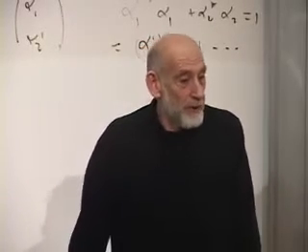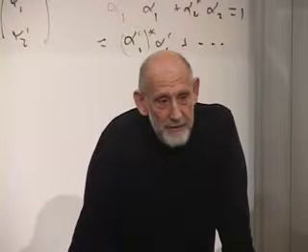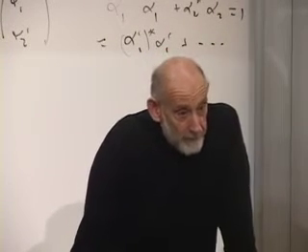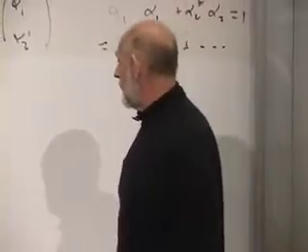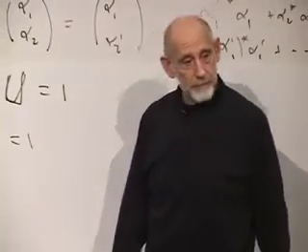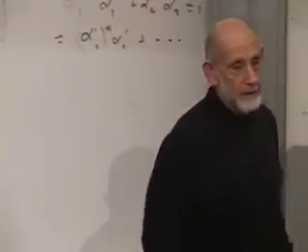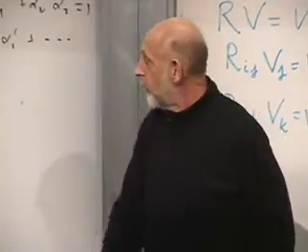Well, it's a complex matrix. 8 real components, 4 complex components, but no, not quite. Now there's a bunch of relationships here. Now, how many relationships is this? I heard the right answer. 4. Why is it 4?